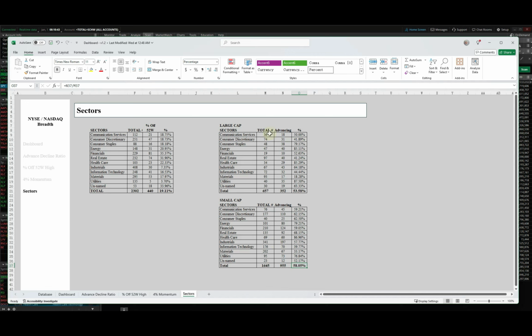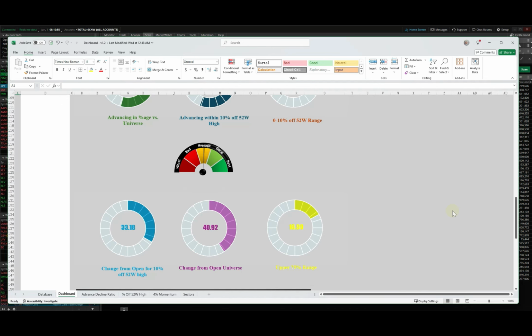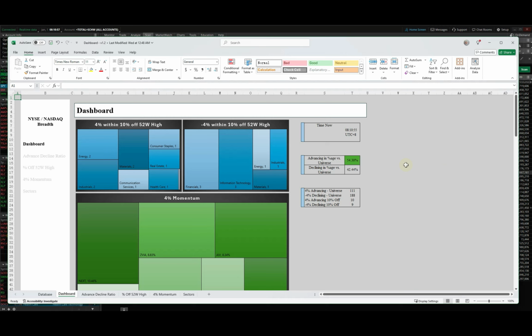In the dashboard we have this old data, but just a quick representation. Here I have to find which one is the bigger one and which one is the smaller one, but we can use the dashboard to see everything. For example, 4% and higher within 10%: energy and industrial have two stocks each, and then materials.